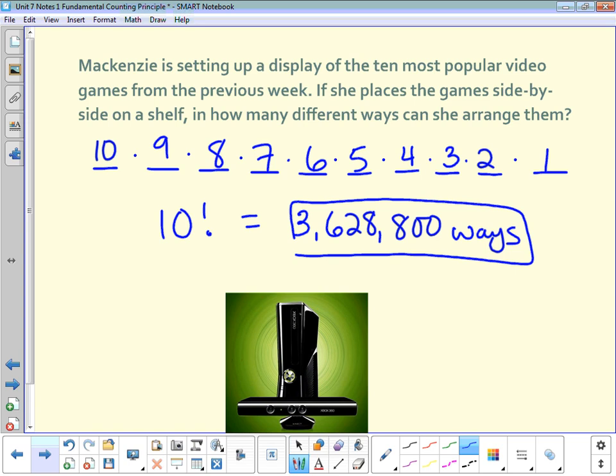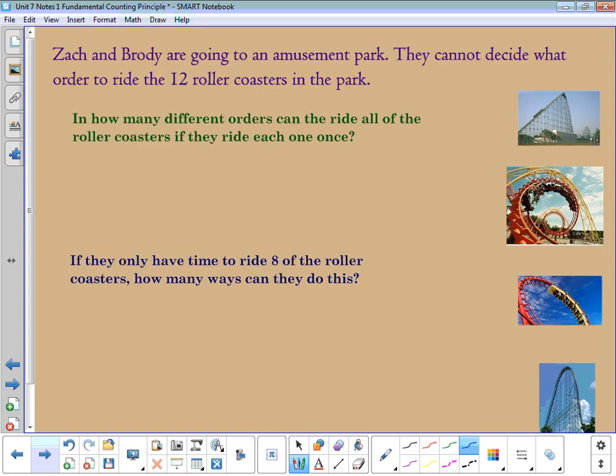Let's take a look at number 8. Now we're looking at Zach and Brody and they're riding roller coasters at an amusement park. The first part asks if they ride each of 12 roller coasters one time, how many different orders can they ride those roller coasters? So just like our previous example, this is going to be 12 factorial because there's 12 options for the first roller coaster. After they ride one, then there's only 11 for the second.